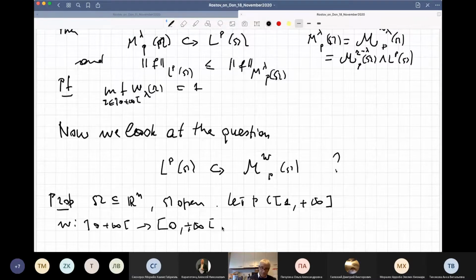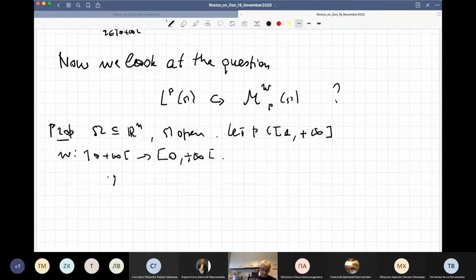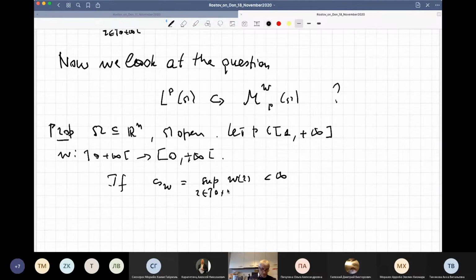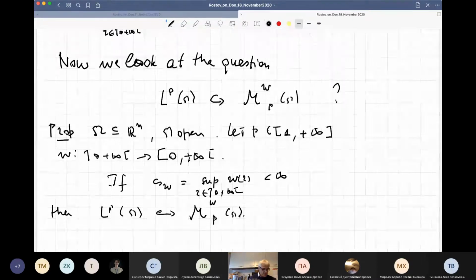If this number, the supremum of the weight W, is finite, which is not a very frequent condition anyway, then LP omega is continuously embedded into the Morrey space M W P omega.